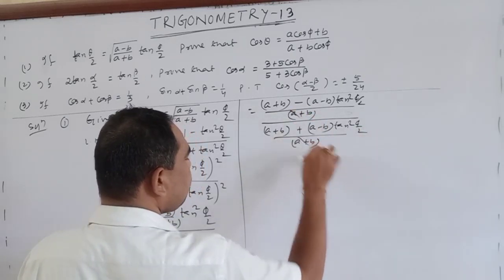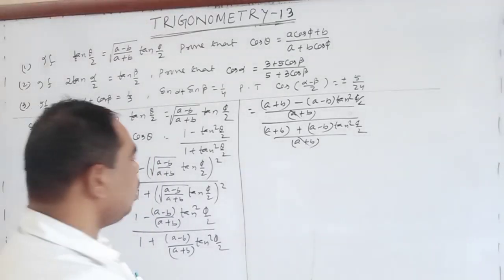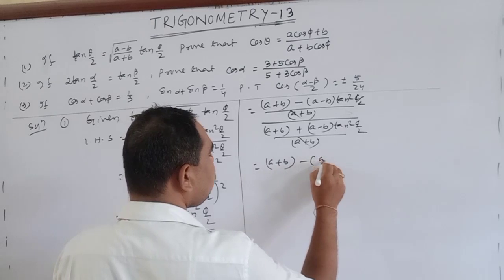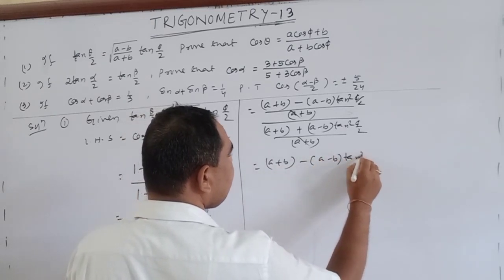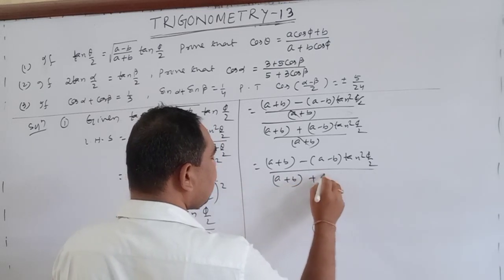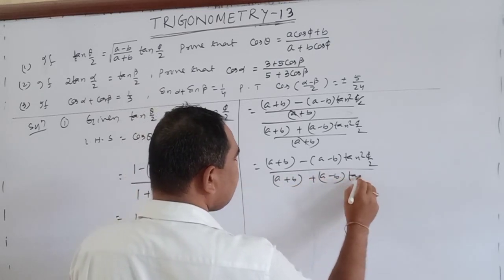So a plus b cancels out: a plus b minus of a minus b tan square phi by 2, divided by a plus b plus a minus b tan square phi by 2.